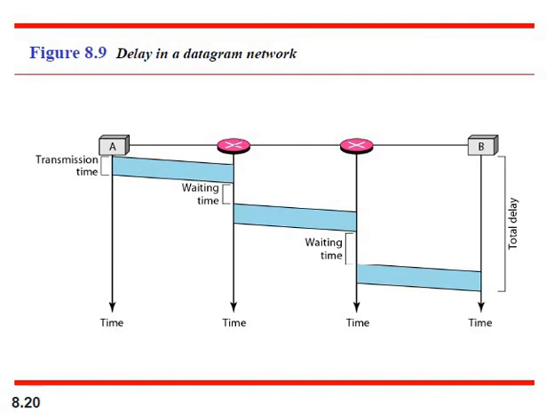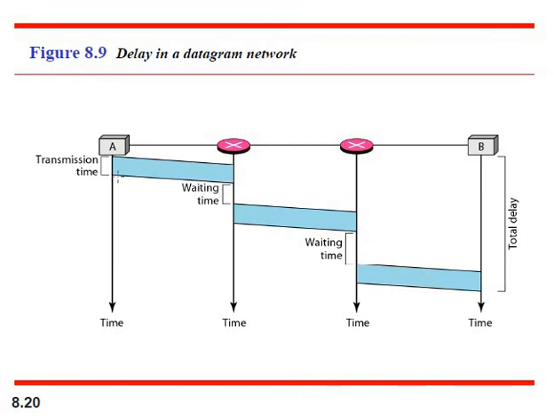But in this case, every packet has to wait a certain amount of time at every router. This was not the case in the circuit switching network, because the path was already established, so the packets need to move on that particular path only.